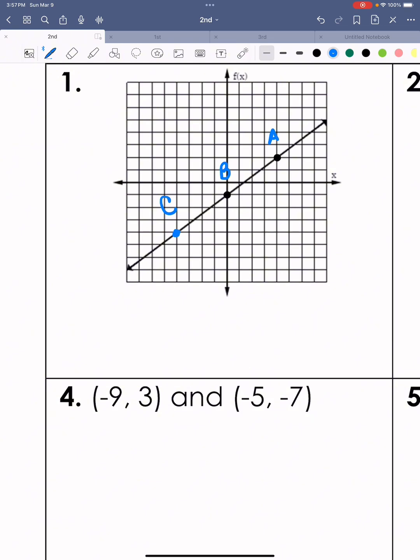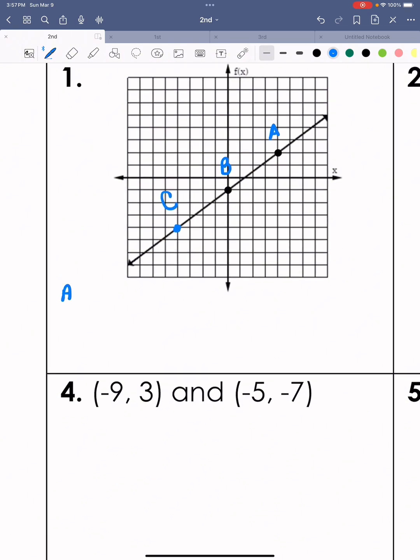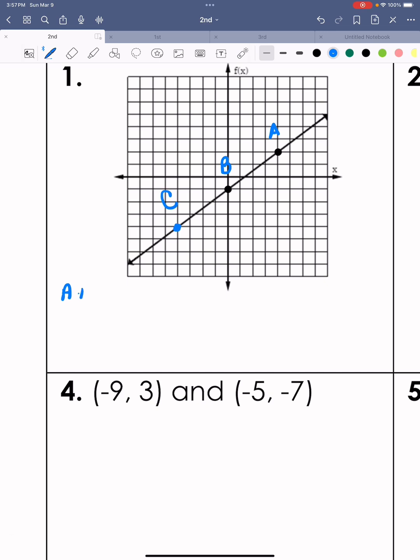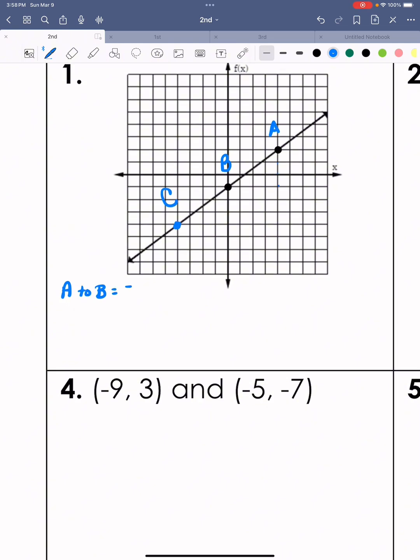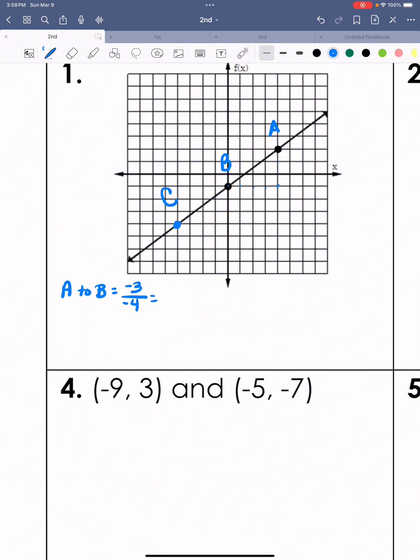So first, I want you to find the slope, and we're just going to count up and over, rise, run, from A to B. If we start at A, how much do we rise? Well, we actually go down 1, 2, 3. So that's -3 over, and then we run to the left, 1, 2, 3, 4. So the slope would be +3/4.